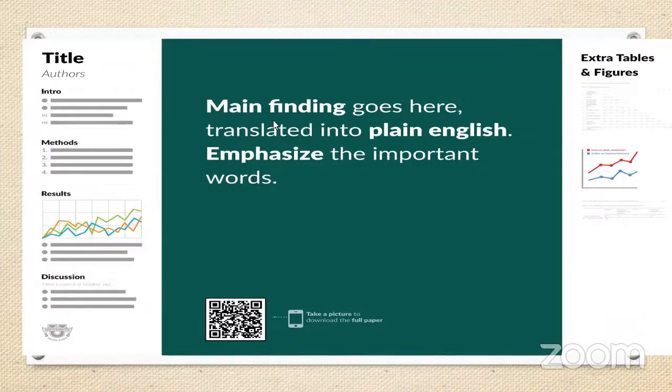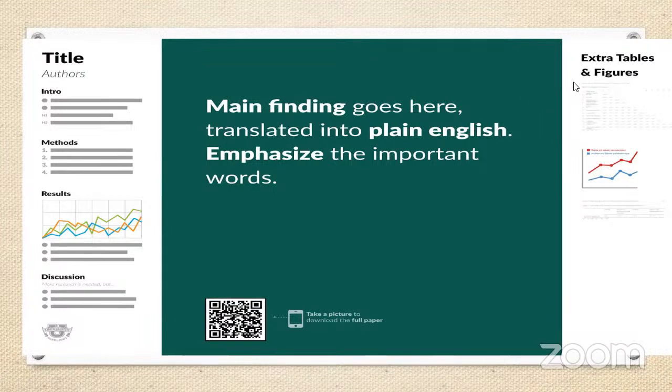Like this example here, put the main finding in the core of the poster in plain English words, not complicated sentences, and emphasize the important words. Here you can put the rest of the poster: the introduction, method, result, and discussion. And here are extra tables and figures.